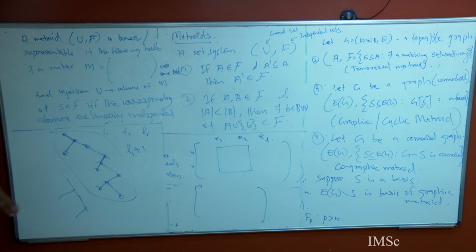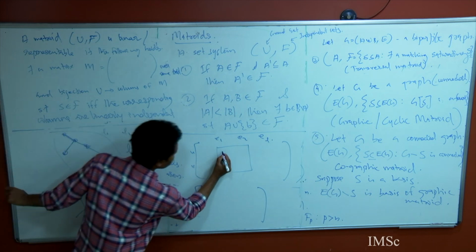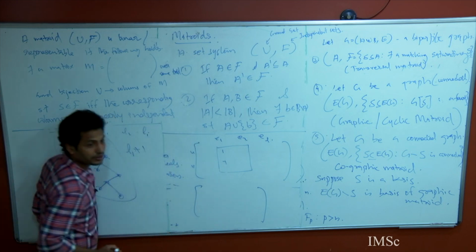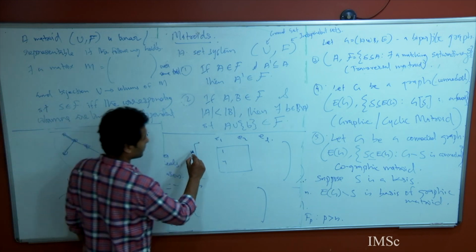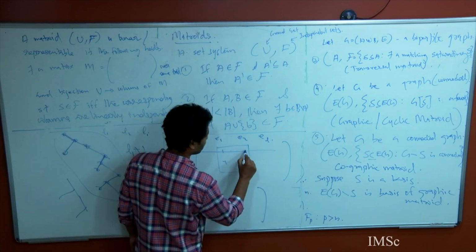So the idea is you just look at one of the edges which has degree 1, okay, and suppose this is 1, minus 1, okay. So UV, one of the columns you delete, here all is 0.